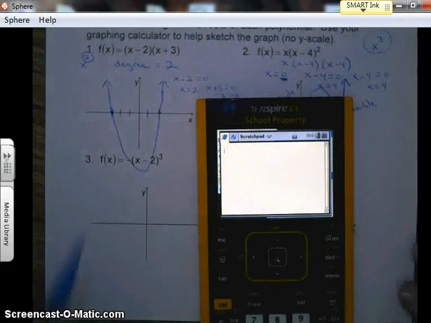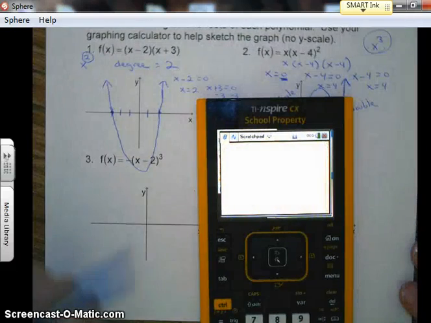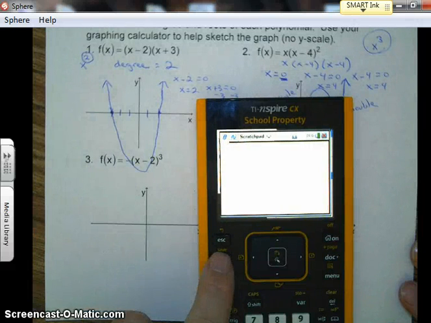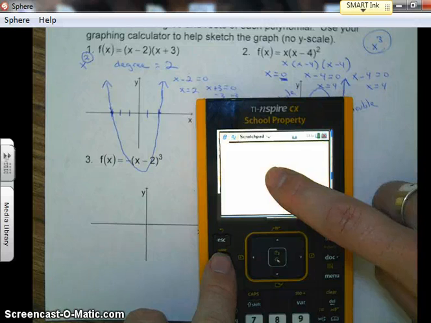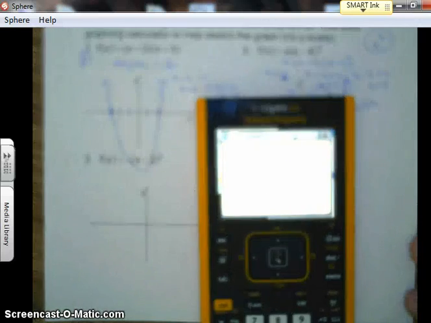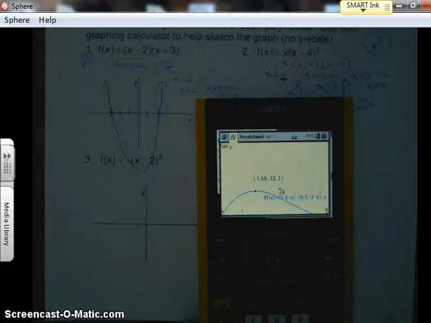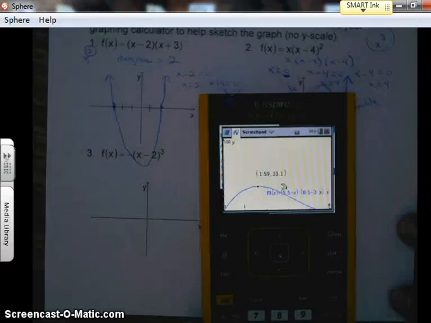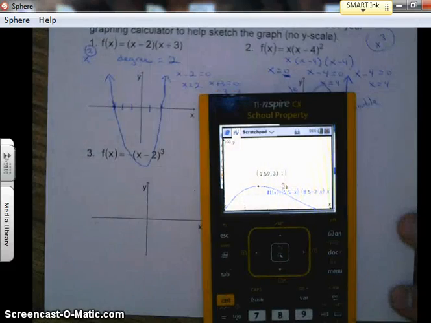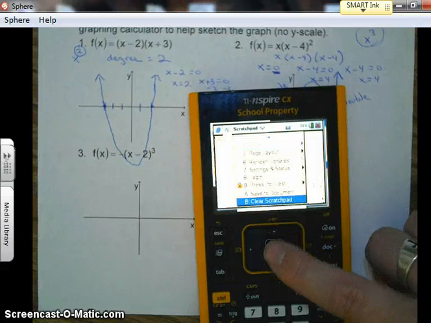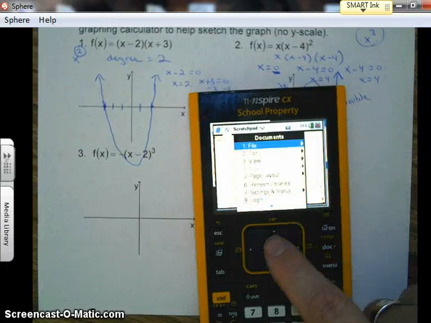Okay, so I learned something thanks to Keegan. I'm on my scratch pad right now, and if I press this button right here, I can change it from the calculator mode to the graphing mode. And again, I don't have a very good focus here. There we go. So right now I'm in calculator mode. I want to delete that, so he's told me to press doc, then arrow up one, and it says clear scratch pad.